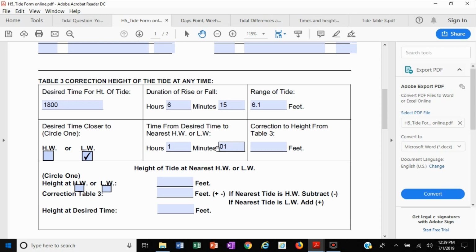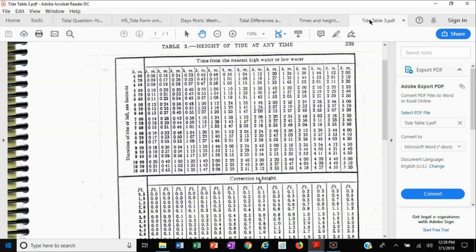That's 1 hour and 1 minute. So we're in this column here where it says 6 hours and 20 minutes, and we want to move over until we get to this right here. That's 1 hour and 3 minutes. Well, our 1 hour and 1 minute is awfully close to 1 hour and 3 minutes. So this column is the column that we're going to be working in.